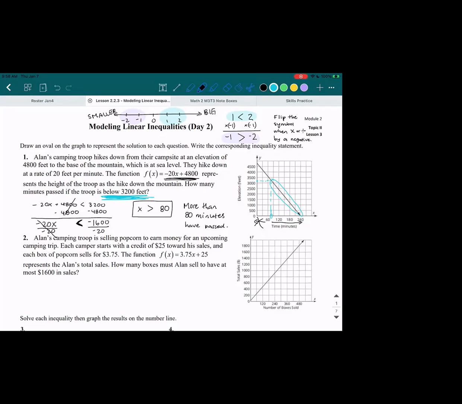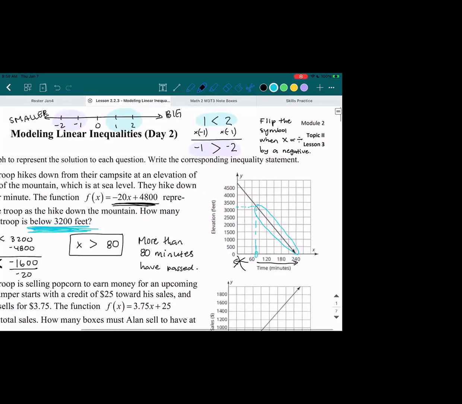Okay, I'll zoom in over here. Flip the symbol when multiplying or dividing by a negative. I kind of smushed it in with this thing, so I'm just going to cross all of this out so it doesn't get in the way. Flip the symbol when you multiply or divide by a negative. Okay, I'll give you guys some time to write, and I'll pause the video.